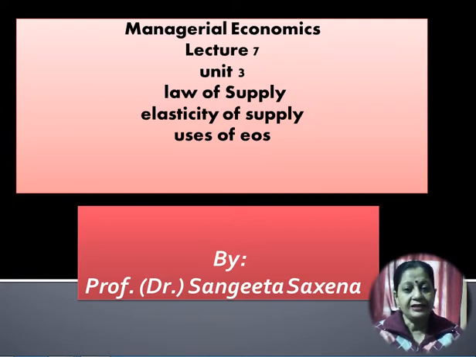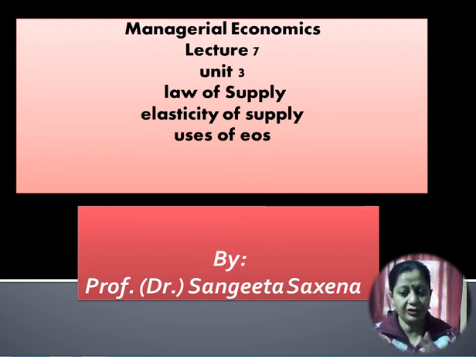Second point, in law of demand, there is an increase in demand with decrease in price and decrease in demand with increase in price. But in law of supply, there is an increase in supply with increase in price, and a decrease in supply with decrease in price.